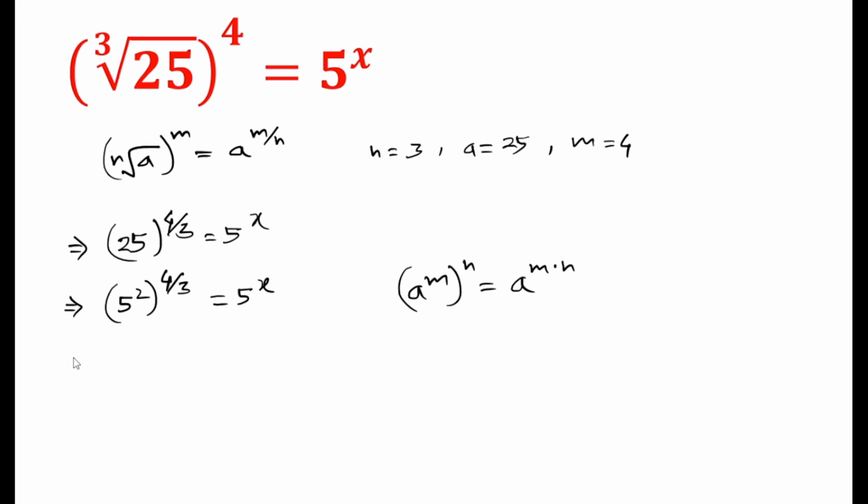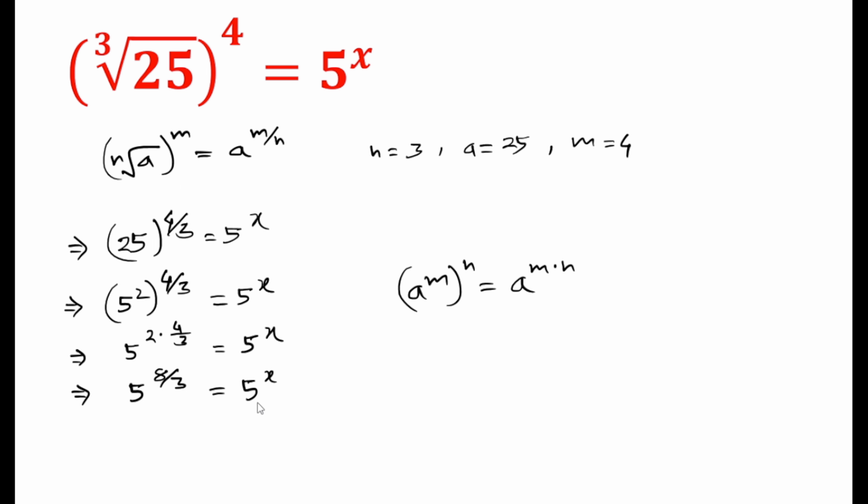So we can write here 5 to the power 2 times 4 divided by 3 is equal to 5 to the power x, right? Now simplify this. 5 to the power 8 divided by 3 is equal to 5 to the power x, right?